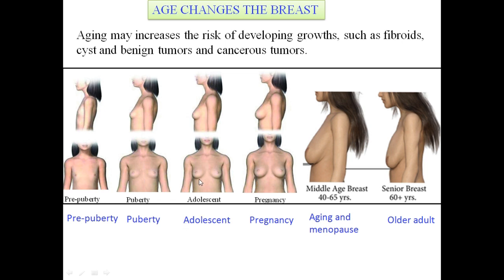As far as the adolescent stage is concerned, there is adequate secretion of the estrogen and progesterone hormones, and here the suspensory ligament of Cooper gives the structural integrity of the gland.